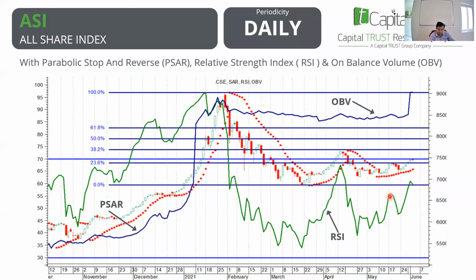When you see the calculation later, you will see that RSI is the measure of the strength of a share. So when RSI is 80 or 90, it doesn't mean that it's overbought. There is another indicator showing overboughtness and oversoldness. RSI shows the individual strength of a particular share.